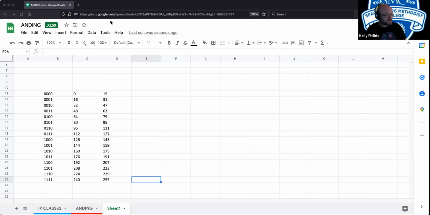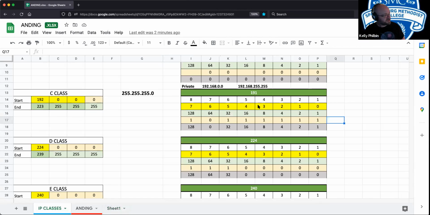Let's put our, well, no, we'll leave our notes out for now. I'll be kind of nice. I'm going to type an IP address with a subnet mask in the chat.